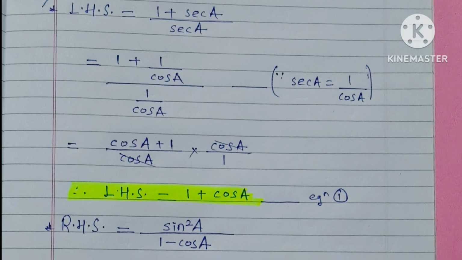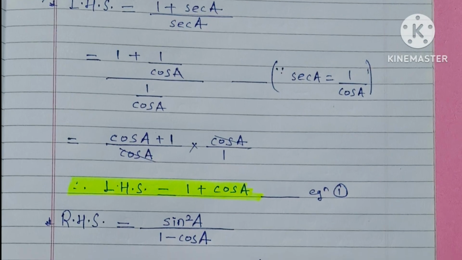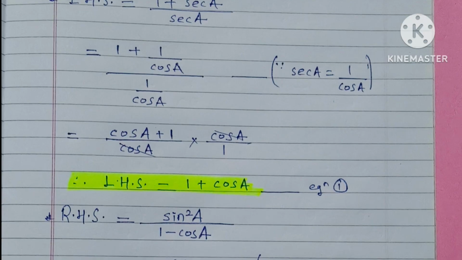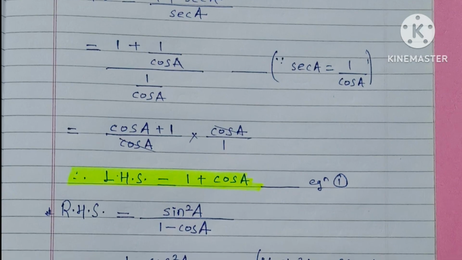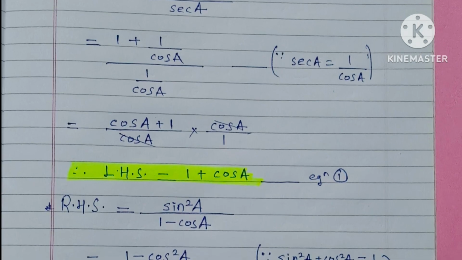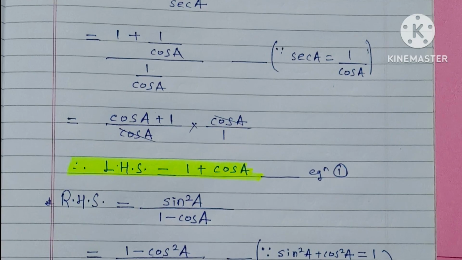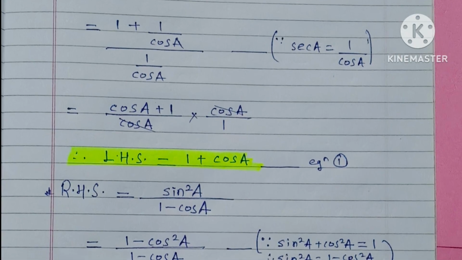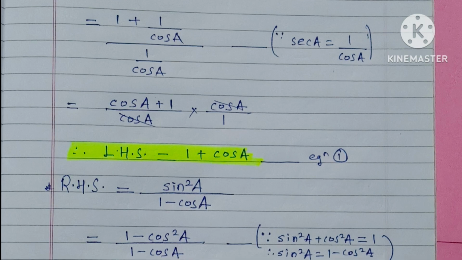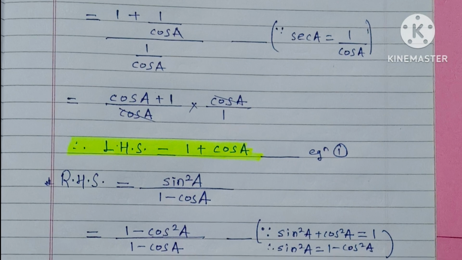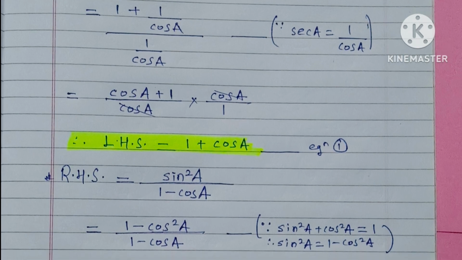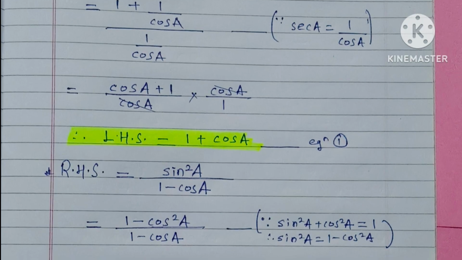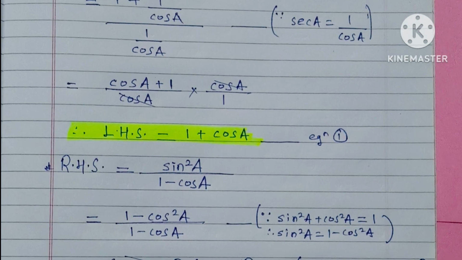It came from the denominator of the previous step, which is 1 upon cos a. It was dividing the numerator, and if we multiply it, it will reverse its order. So 1 upon cos a will become cos a divided by 1. So we're left with the left hand side 1 plus cos a, post cancelling the cos a, which is the similar value reflecting at the numerator as well as the denominator.